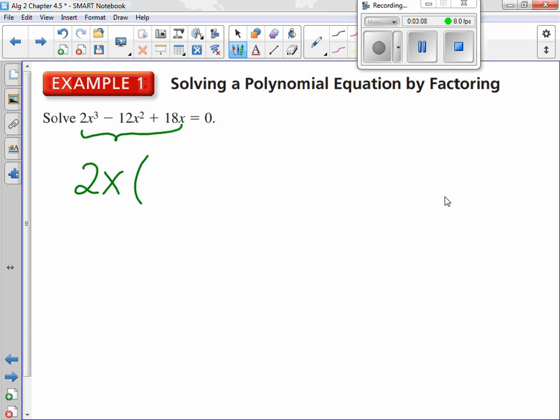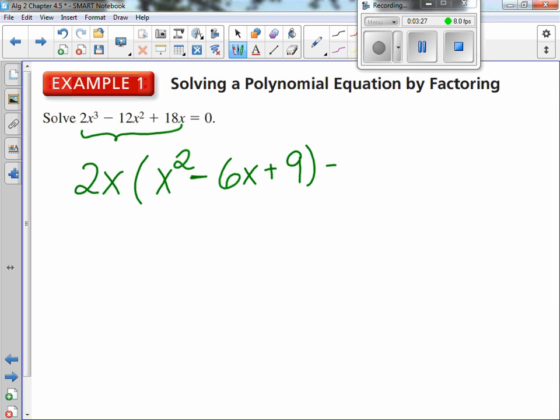If we factor 2x out of 2x cubed, I'm left with x squared. If I factor 2x out of negative 12x squared, 2 out of 12 will leave me with negative 6, and x out of x squared would be x. 2x factored out of 18x would be plus 9, equals 0.